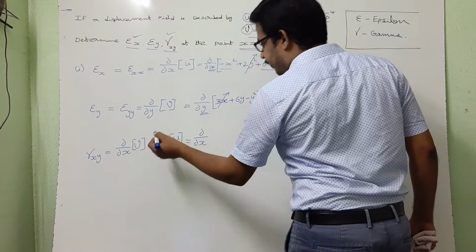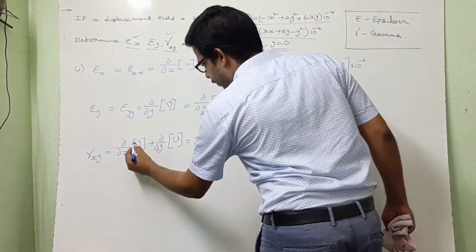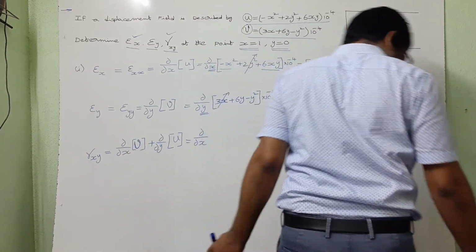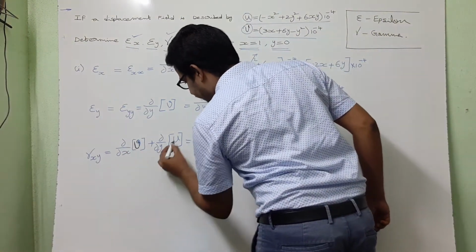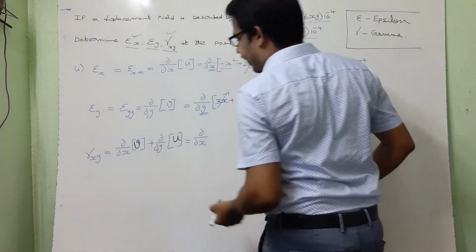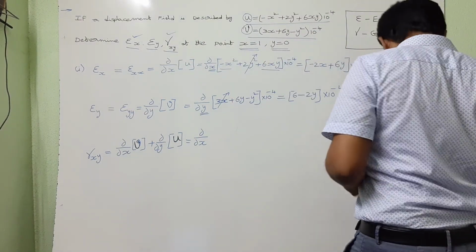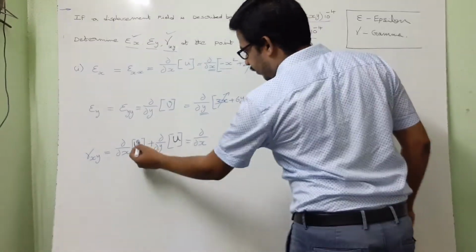So the third value: dou by dou x of v and dou by dou y of u. So what is the dou by dou x value into v?